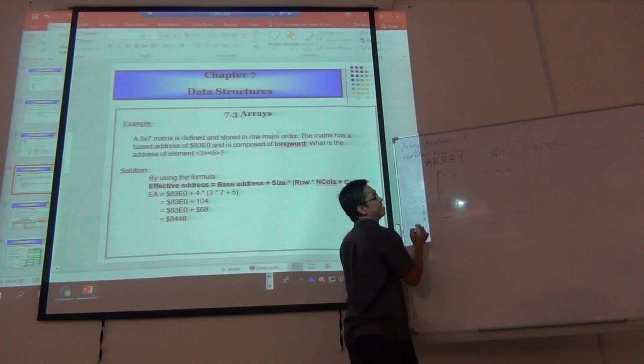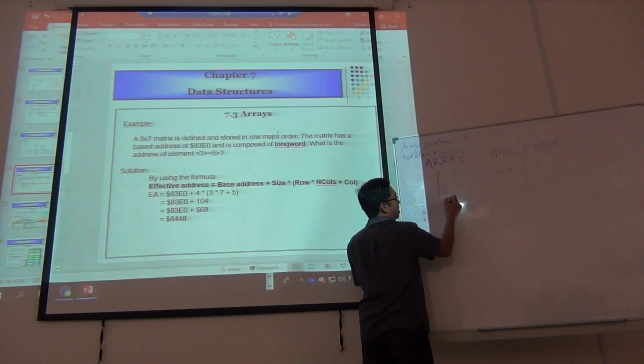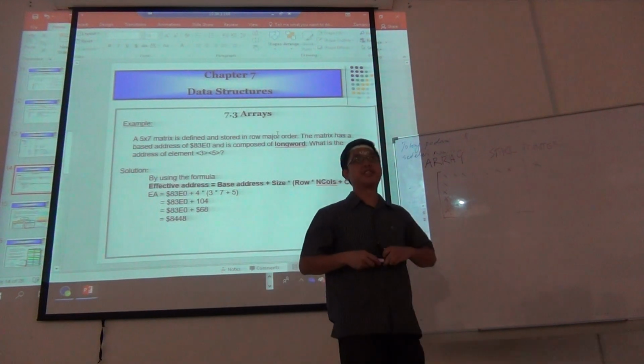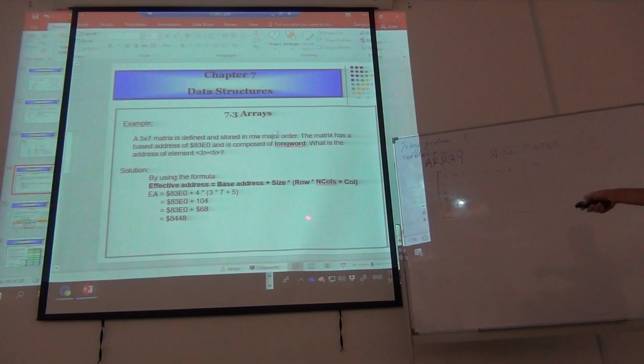So this is 7, and then we have 5, right? Betul macam ni. So this is 5 times 7. So go back to the basics of matrix. So 5 times 7 matrix is this one.